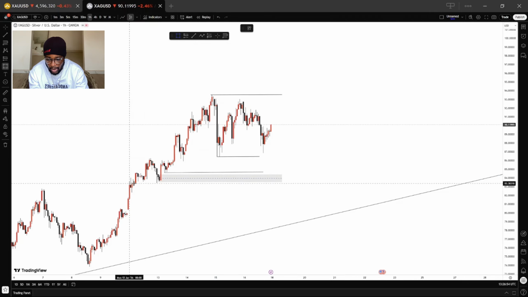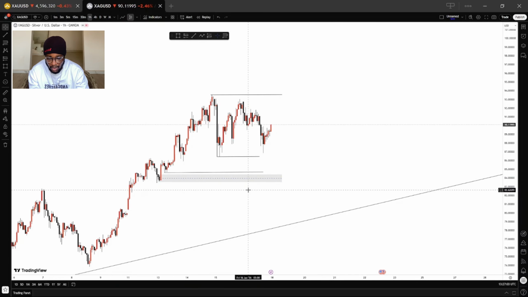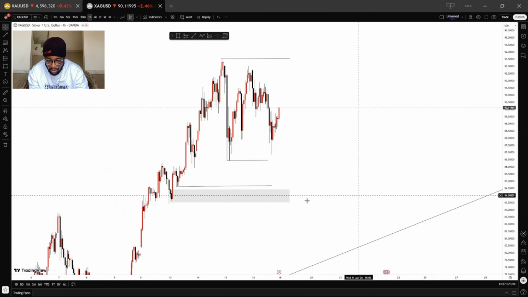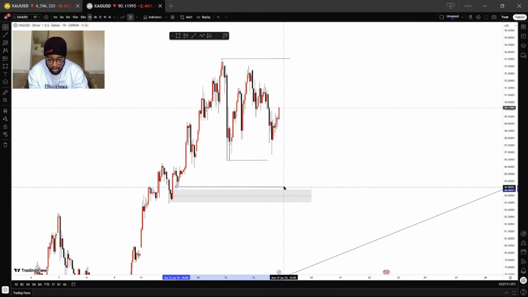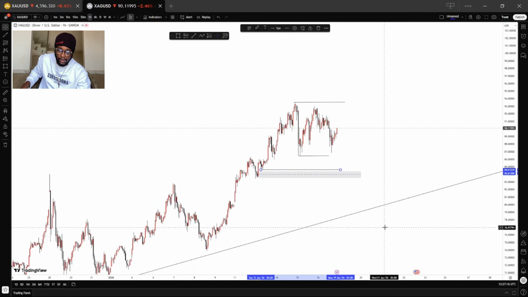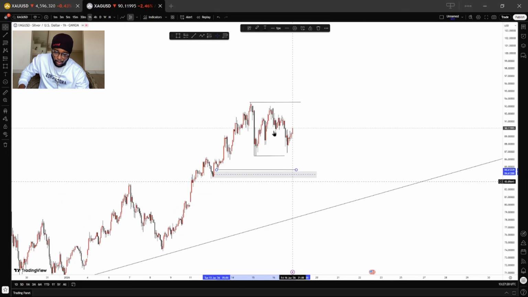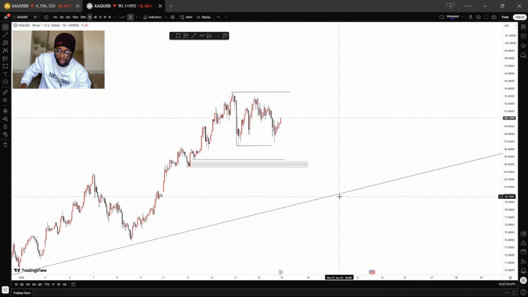All depends on how the market reacts. You see, this demand level has been tapped, so I'll assume price is not going to come there. So this other block will be taking my buys on silver. Supposing we come to the level, if it fails, that's when I'll be buying below. But I'll be expecting the market to show me something.